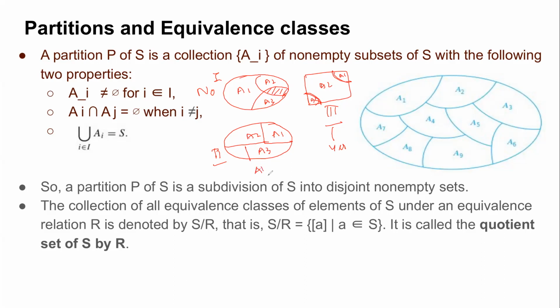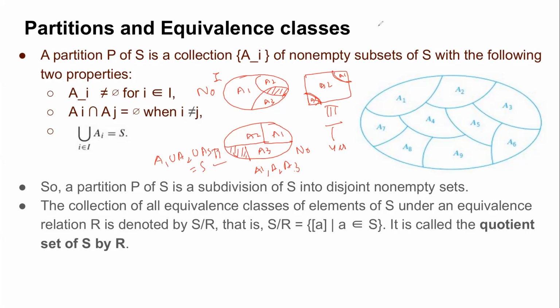Is A1, A2, A3 a valid partition? No, that's correct. And what is the reason in this case? Exactly. Empty space means some elements of S are not covered. That is, if I take the union of A1, A2, A3, it will not give me S because these do not add up. Excellent. I hope you understood what a partition is.